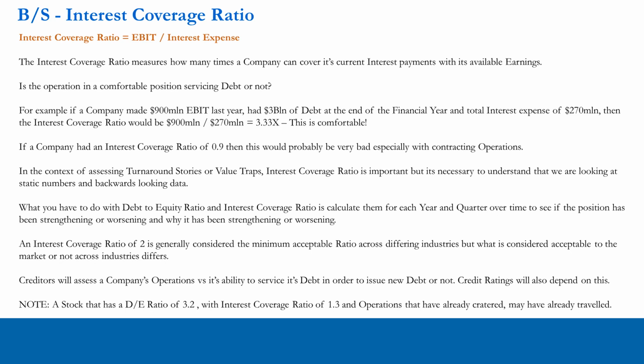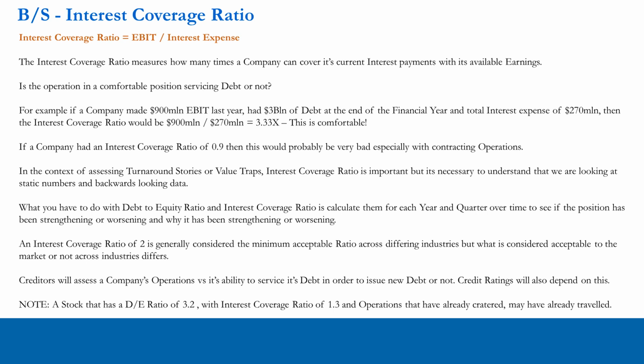If a company, say, had an interest coverage ratio of 0.9, then this would probably be very bad, especially when we're in the context of contracting operations. So in the context of assessing turnaround stories, or whether these turnaround stories actually end up being value traps, or even when we're analyzing ex growth names that are either early stage or some way down the line, the interest coverage ratio is important, but it's necessary to understand that we are looking at static numbers and backwards looking data.